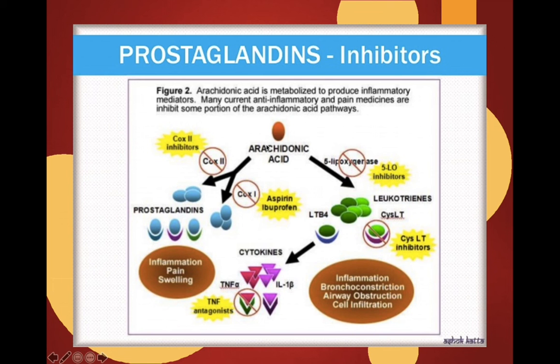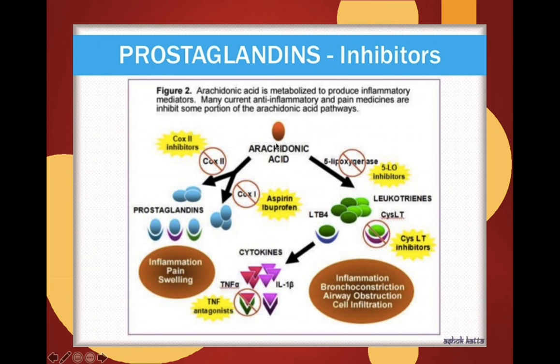And just like omega-3s are a polyunsaturated fat, the difference is the omega-3s tend to be anti-inflammatory, whereas the arachidonic acid that's in the cell membrane wall is pro-inflammatory. So arachidonic acid is metabolized to produce inflammatory mediators. Many current anti-inflammatory and pain medicines are designed to inhibit parts of this arachidonic pathway.